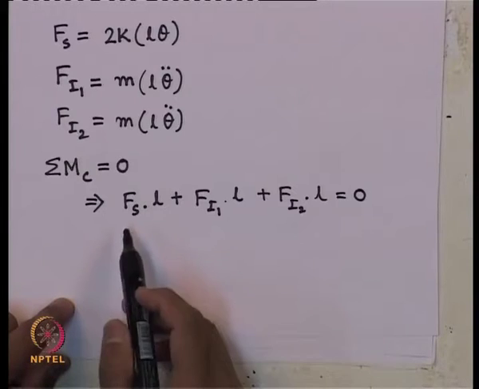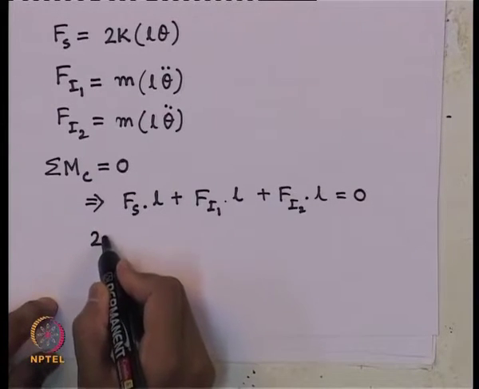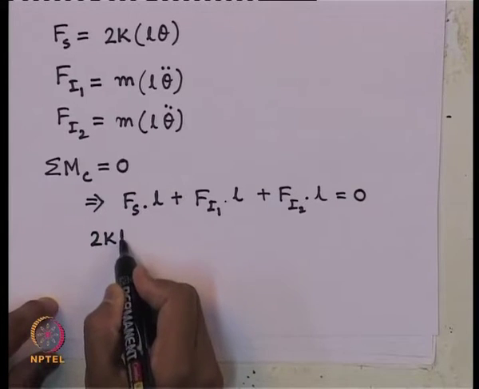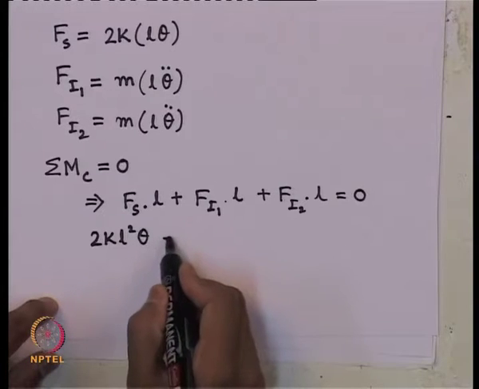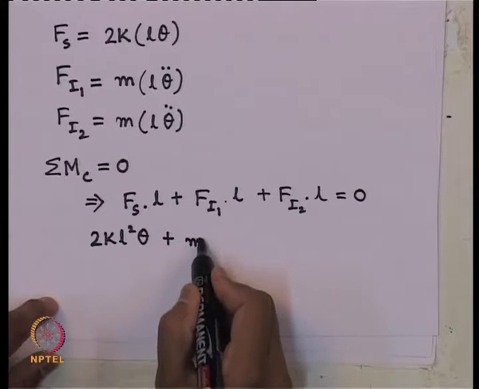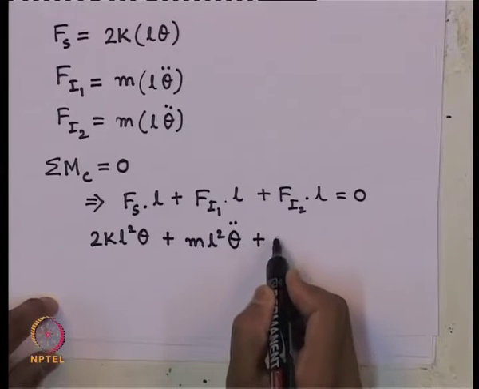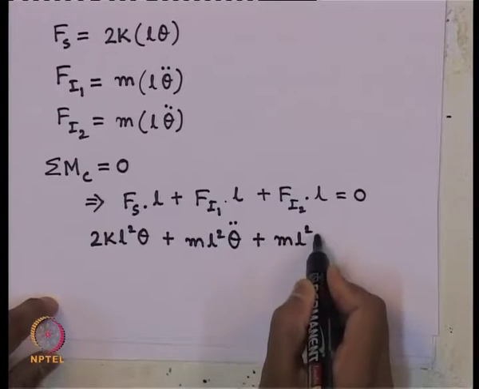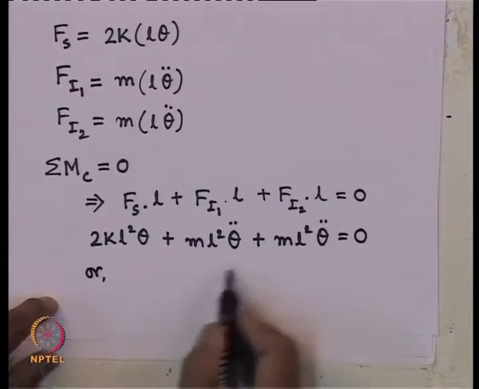Now if we put in the expression for each of them, we will get 2 k L square theta plus m L square theta double dot plus m L square theta double dot equals 0.